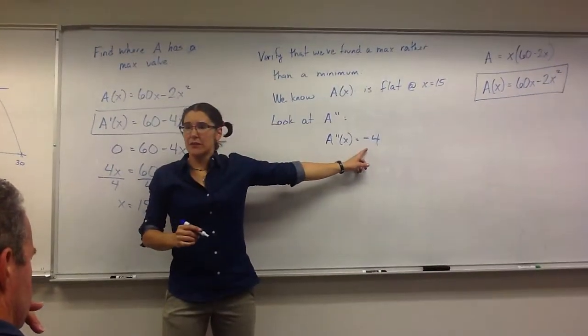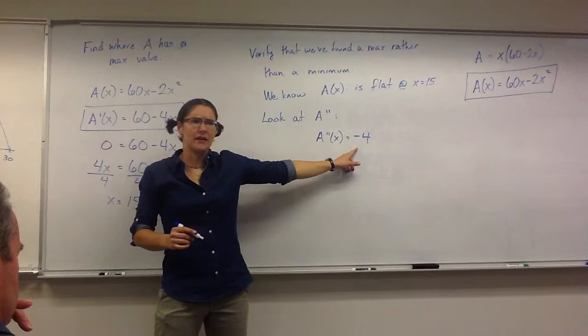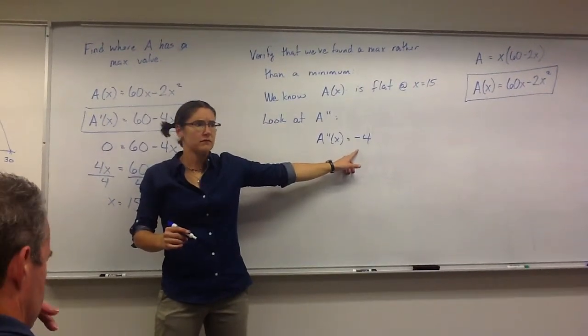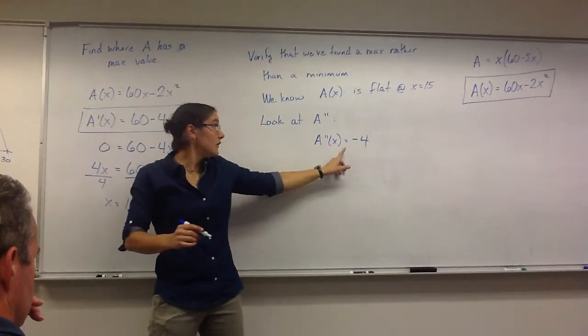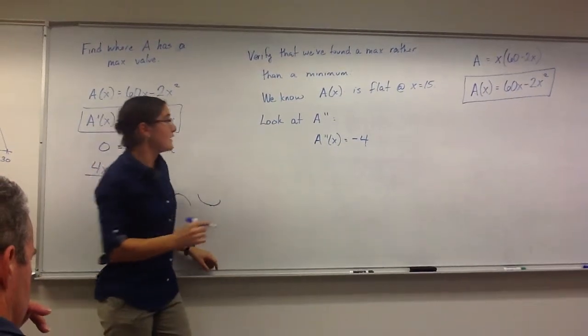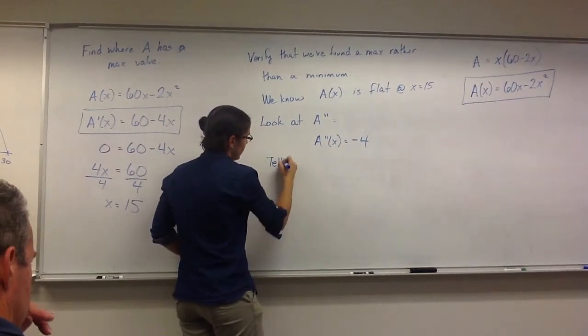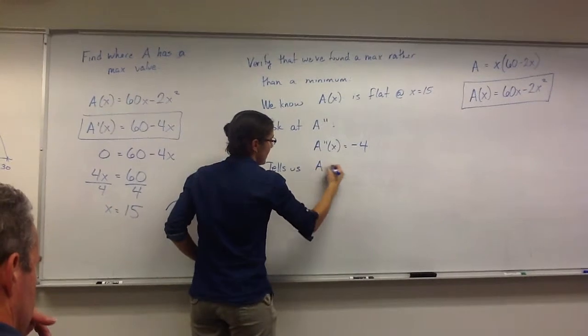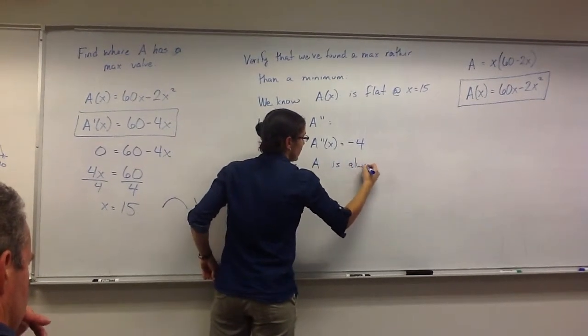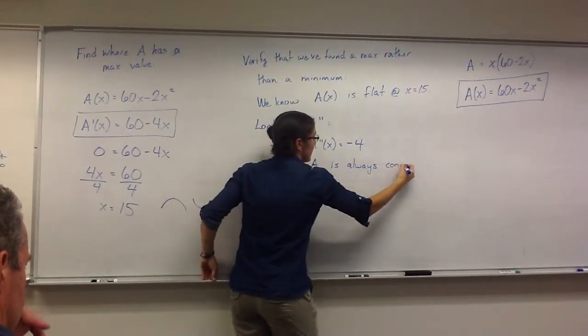When our second derivative is negative, what does that tell us about an original function? It's concave down. So A double prime being negative, this tells us that A is always concave down.